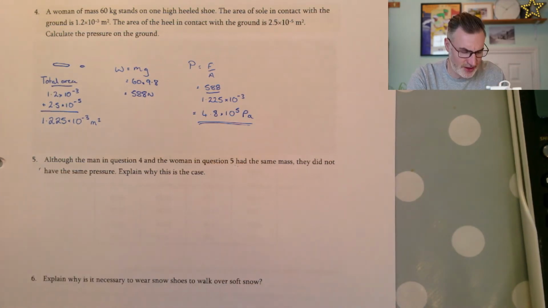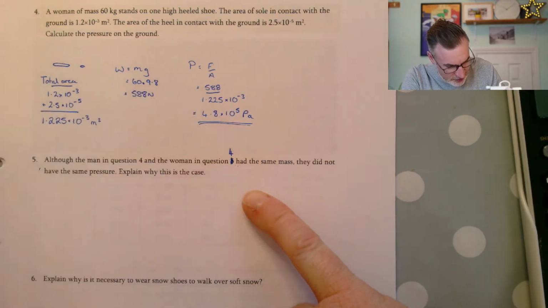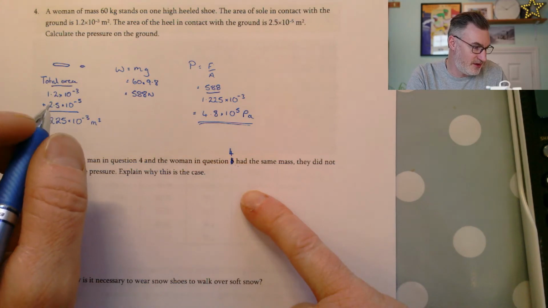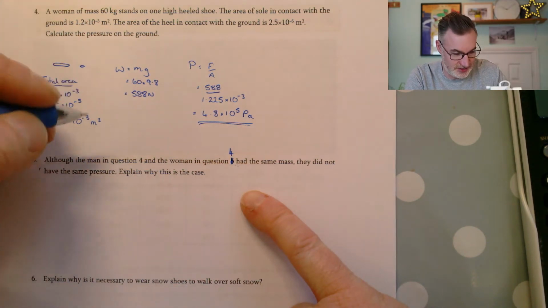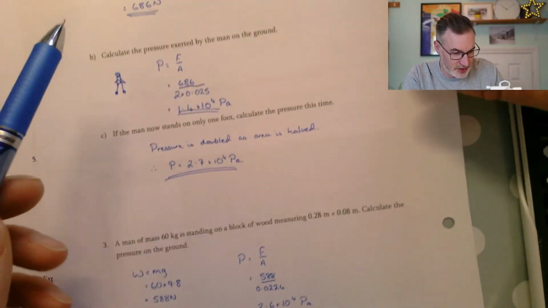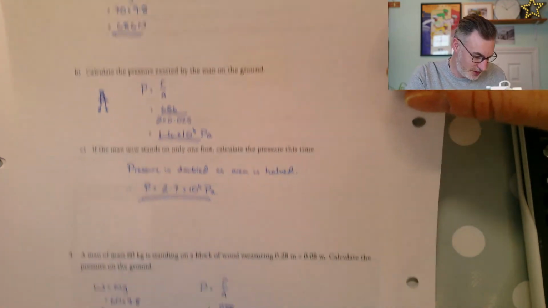So this is a bit confused. Let's go with the woman in question 4 and the man in question 3, although possibly it should be question 2 because he's not the same. I've talked about this already.